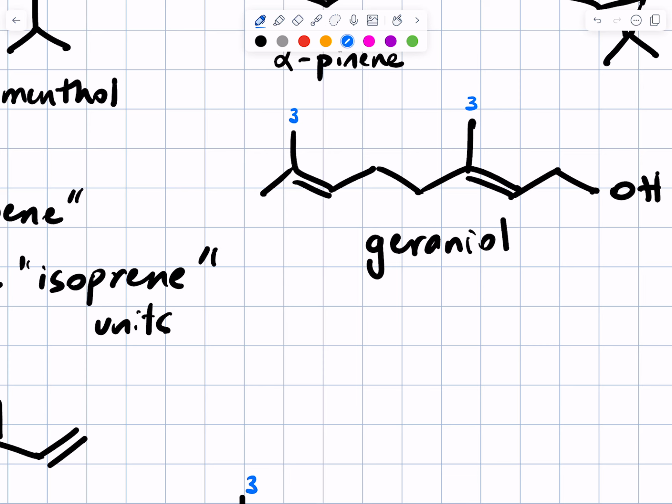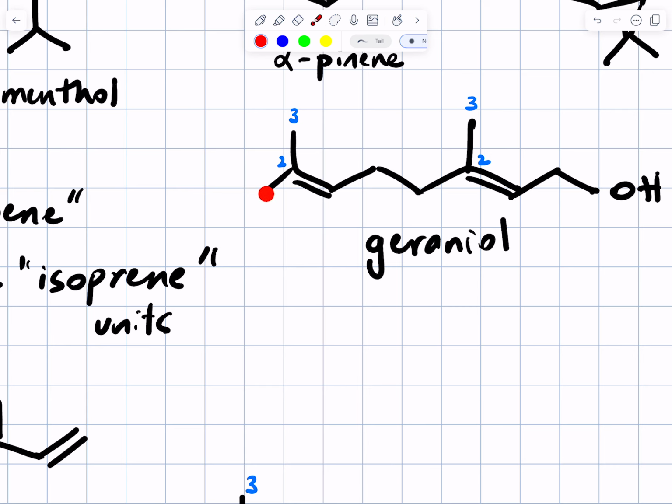Now from here on out, choosing which are 1, 2, and 4, and 5 gets pretty straightforward. You can get it wrong, but if you're paying attention, you won't. The carbon that's bonded to 3 is 2. That's easy. And then you have to pick one of the two that's bonded to 2 to be 1, and the other one to be 4, right?